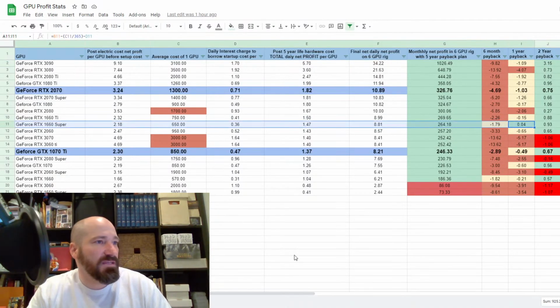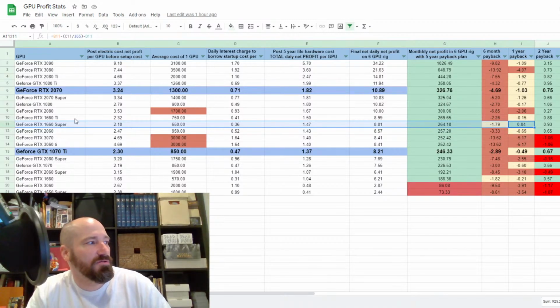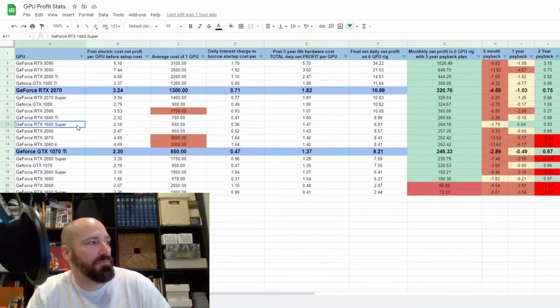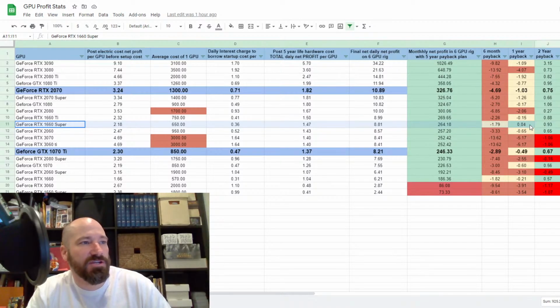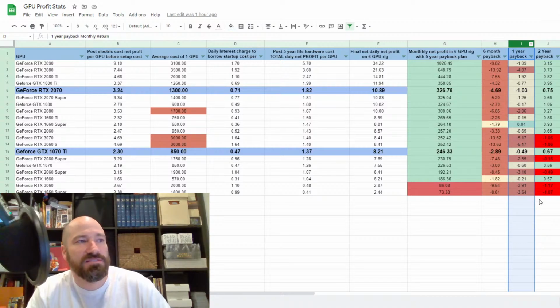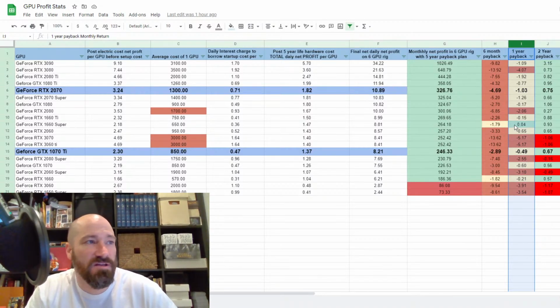Here's something funny. Right here, a 1660 Super is cheap enough and powerful enough that it would actually pay itself off within a year. It's the only one on this whole list that would pay itself off in a year.